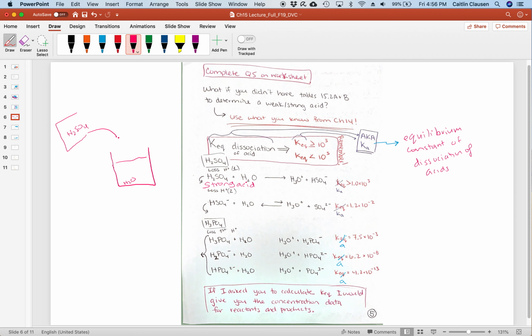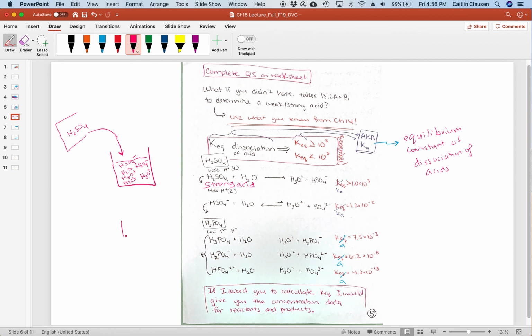As I pour this in, I should see only HSO4 minus and no H2SO4 in solution anywhere, because I know that this is a strong acid, it's going to completely dissociate.